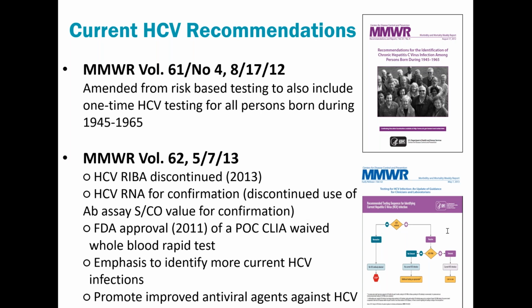So in May of 2013, this is the one that we use a lot in the laboratory, because the focus is on the testing. About 4 different events went into that issue, where the HCV recombinant immunoblot assay, the RIBA as it's commonly known, was discontinued prior to the recommendation. And that opened the door for RNA testing, which before this point may not have been as common as it was just prior to these recommendations.